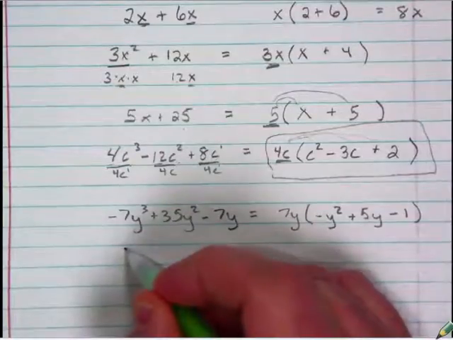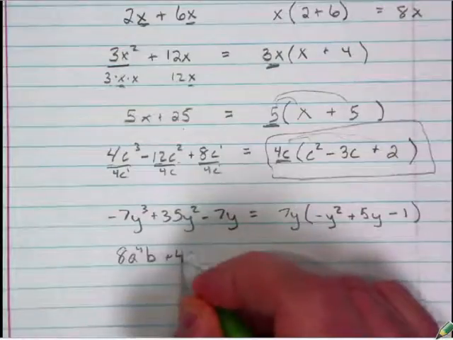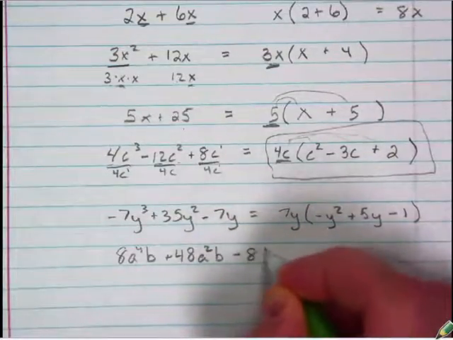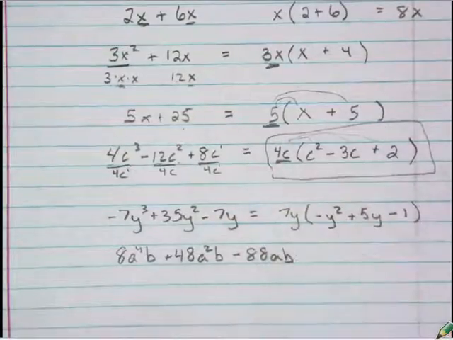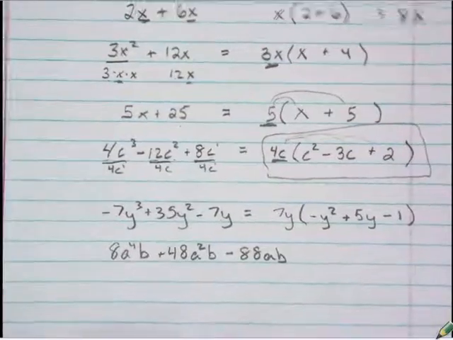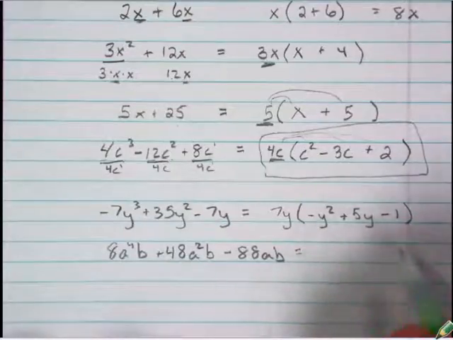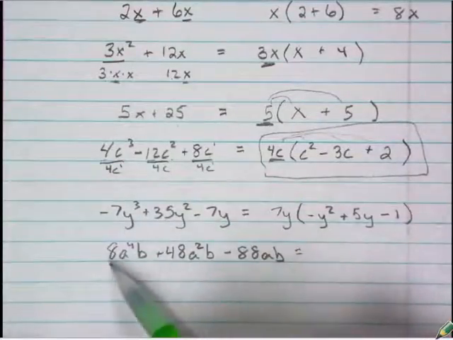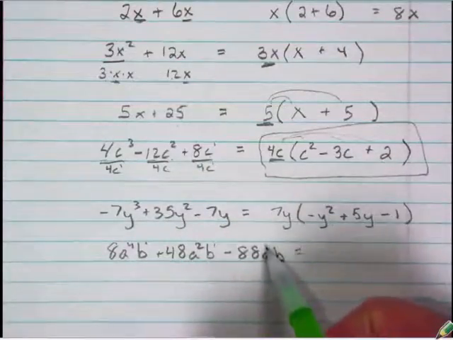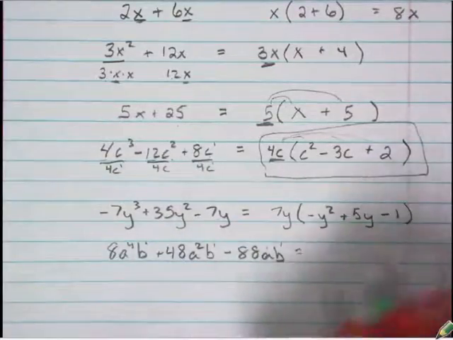Next, try 8a to the fourth b plus 48a to the second b minus 88ab. Pause the video. Try factoring that using GCF. Okay, I got a GCF. I realize that 8 goes into all these. My exponents here, it looks like a to the first would go into all of them, and b to the first would go into all of them.